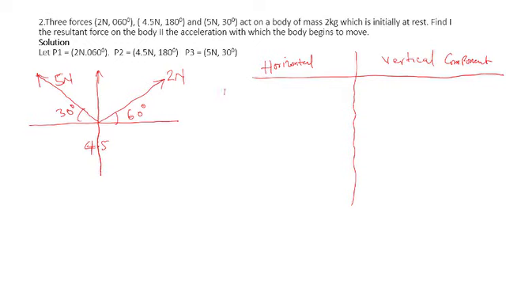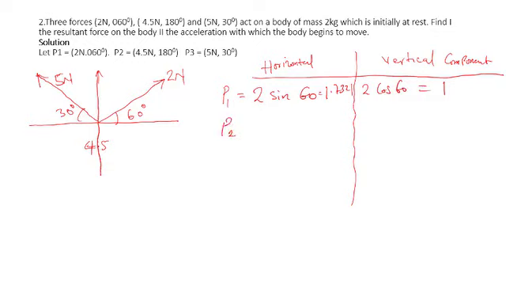For force P1, the force is 2 Newton. So we have 2 sine 60, which is equal to 1.7321. On the other side, P1 will now be 2 cos 60, which is equal to 1, because the value of cos 60 is a half, times 2 is 1.